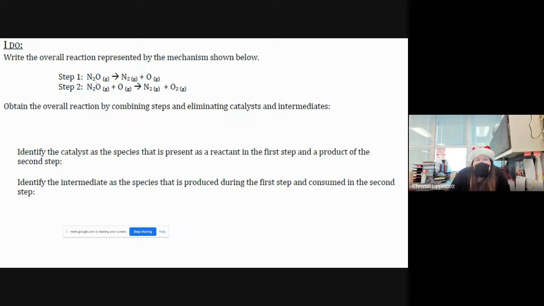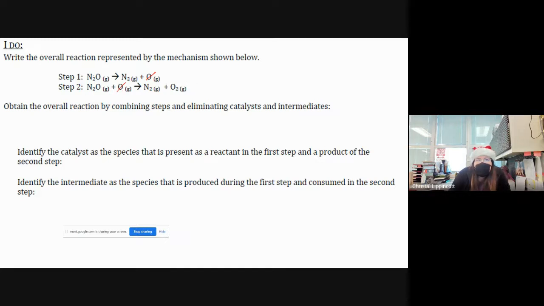I have N2O here to start, so it doesn't look like we have any catalysts. But we do have an intermediate. What is our intermediate that we need to get rid of? Oxygen. So this oxygen is going to go out of our overall because it started here and it got consumed.